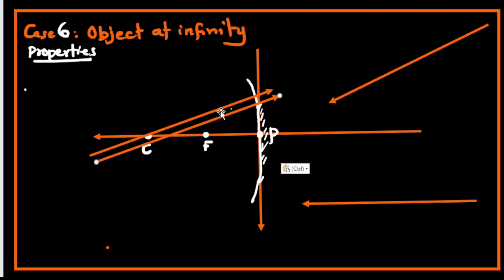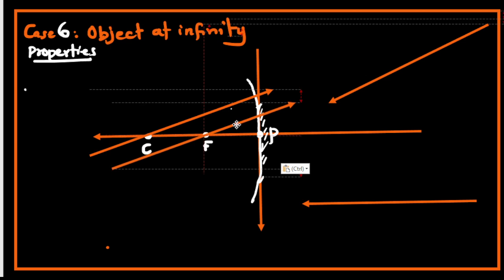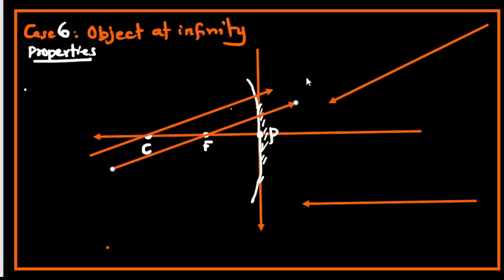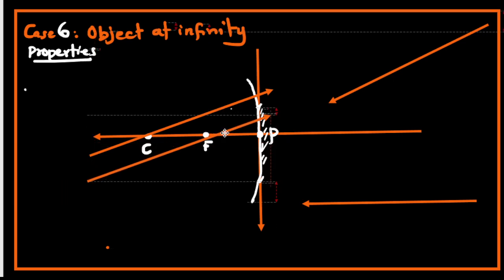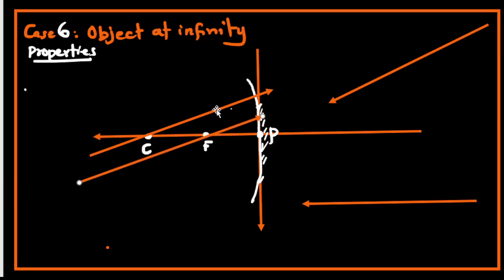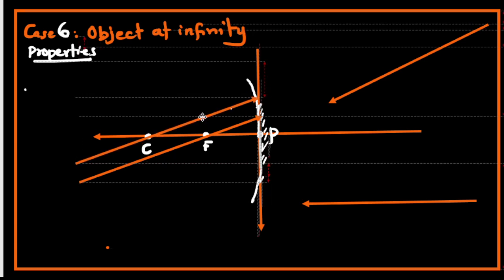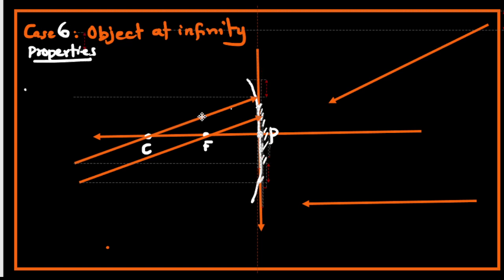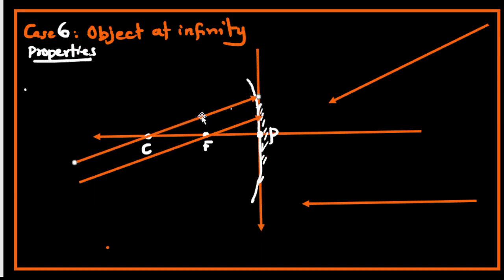One is already passing through the center of curvature. I want the other to pass through the principal focus. Good. Now see. So I have a line passing through the principal focus and another passing through the center of curvature. Obviously, the two lines are parallel to themselves.